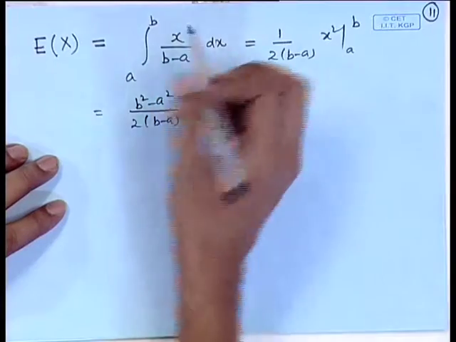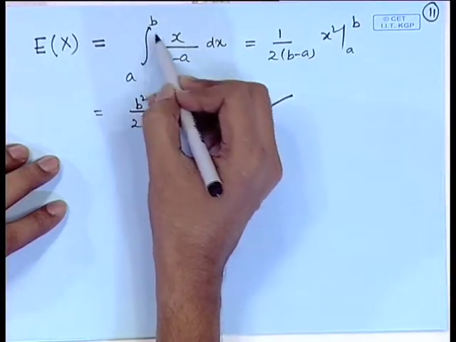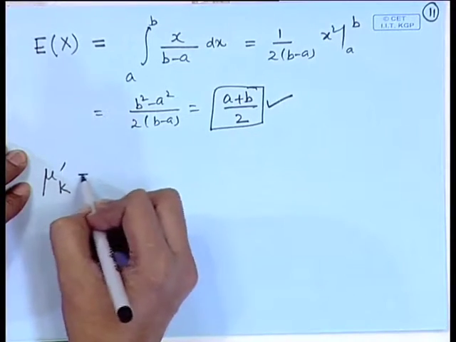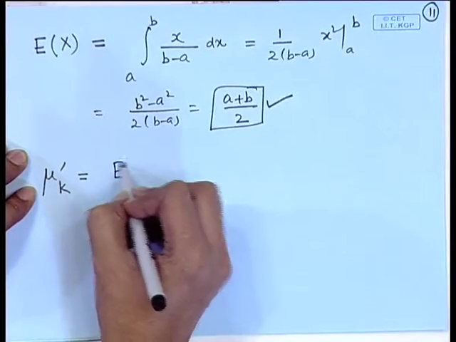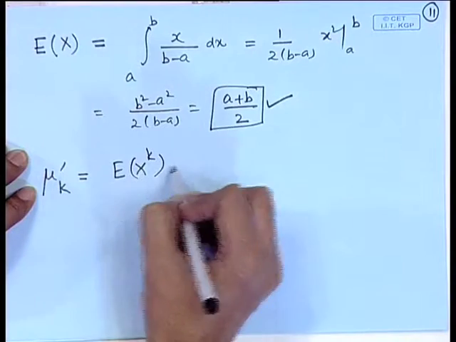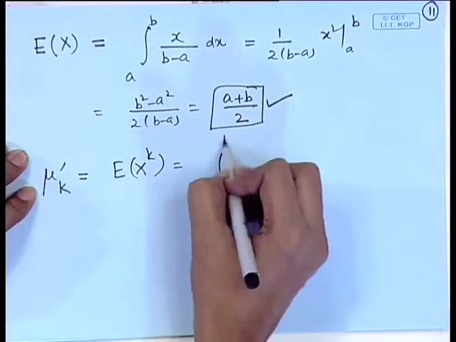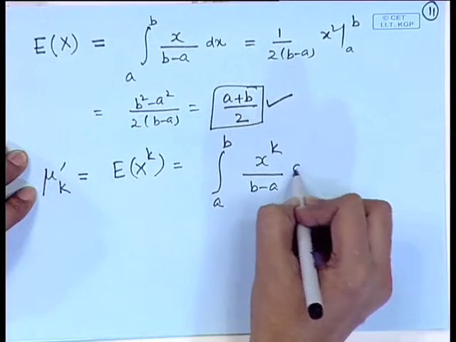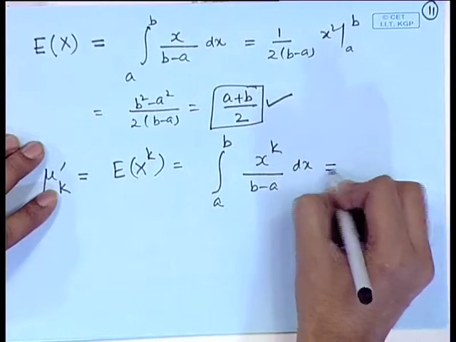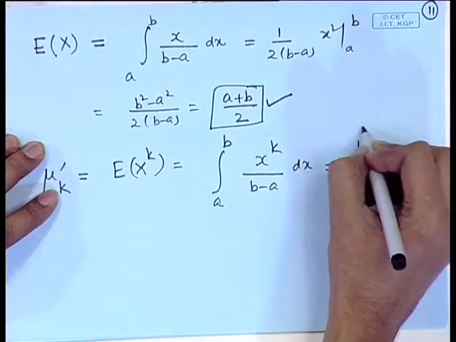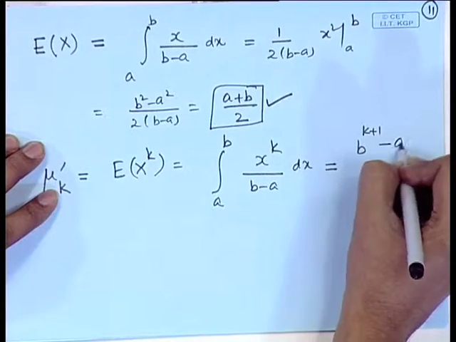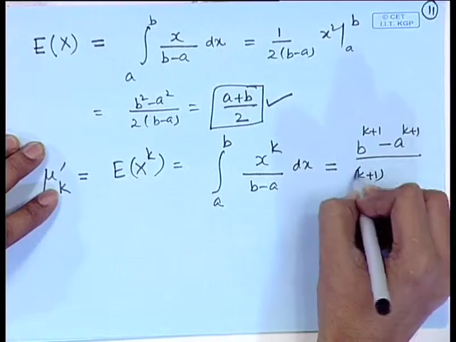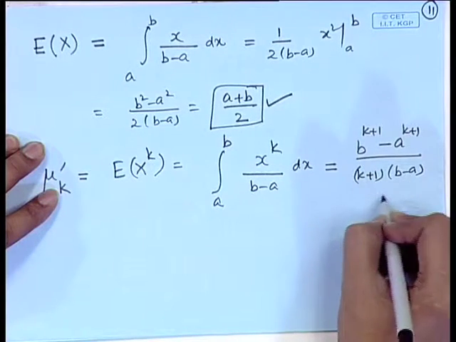Now, since it is a finite interval, we can look at the moment of any order here. The moment of any order will exist: the integral of x to the power k divided by b minus a dx. So, this is equal to b to the power k plus 1 minus a to the power k plus 1 divided by k plus 1 into b minus a.